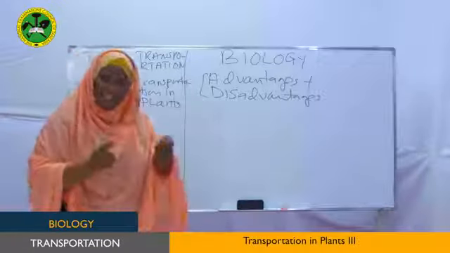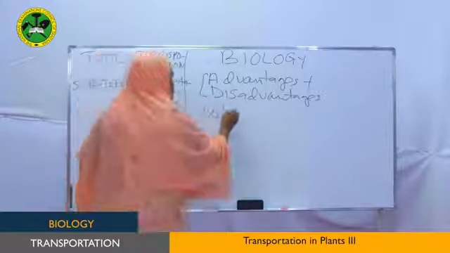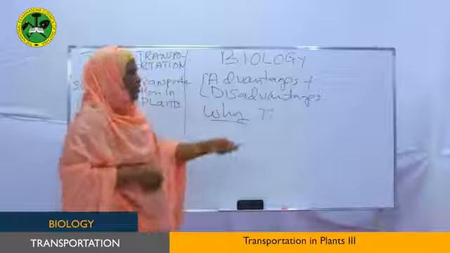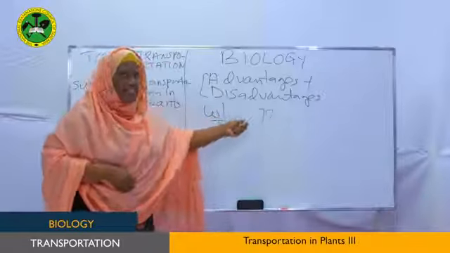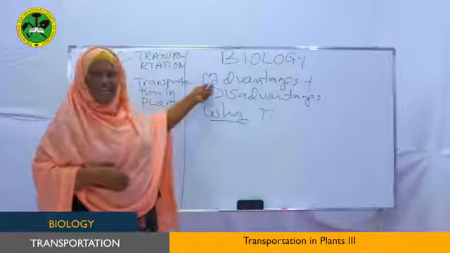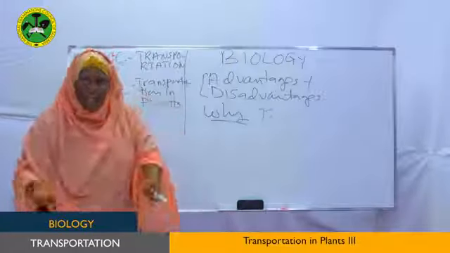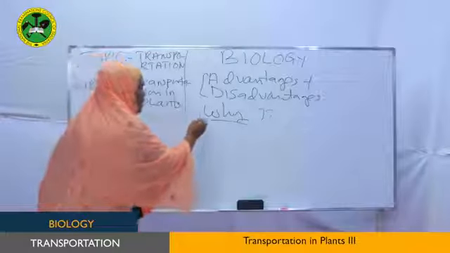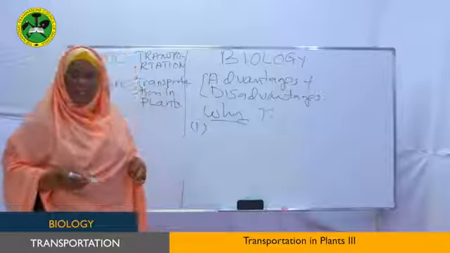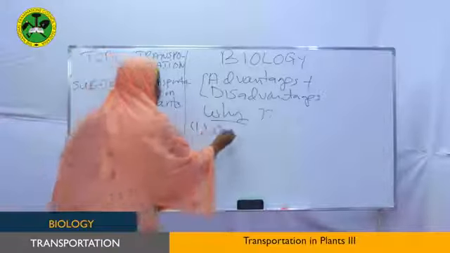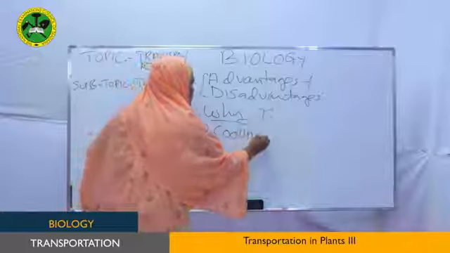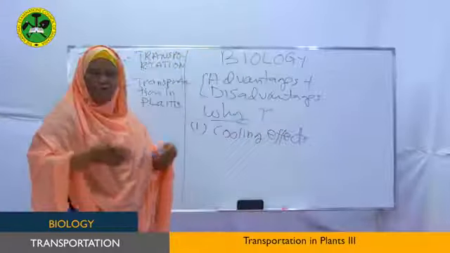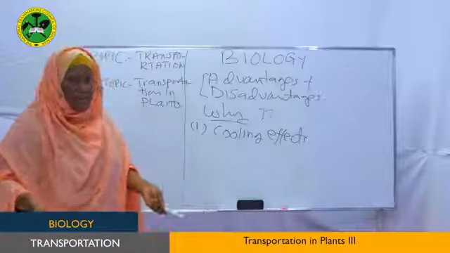Why is transpiration necessary? The question of why transpiration is necessary means you concentrate on advantages. For example, you may say that transpiration brings about cooling effects in plants, or you can say it cools the plant.